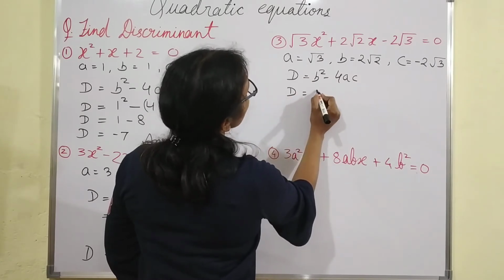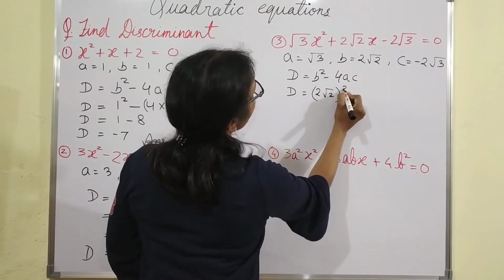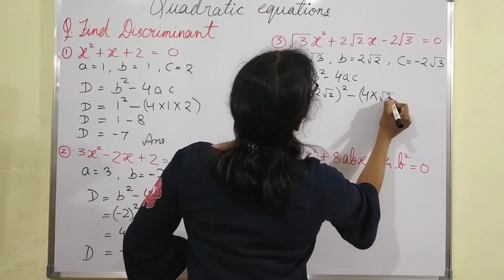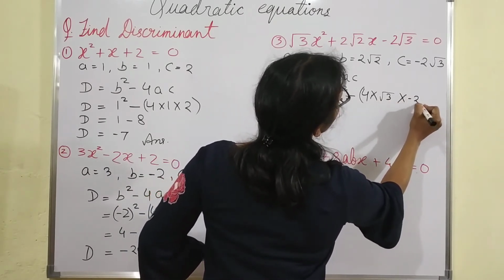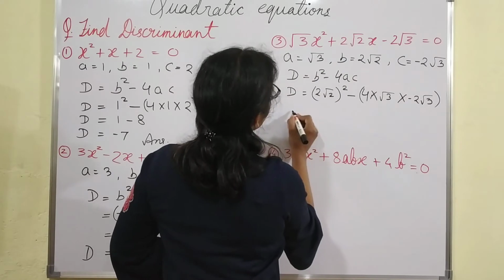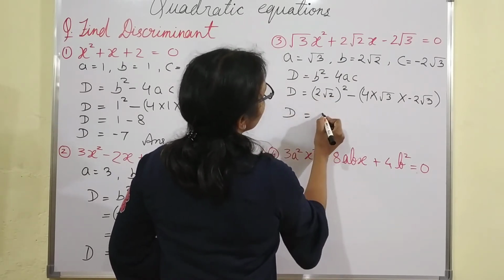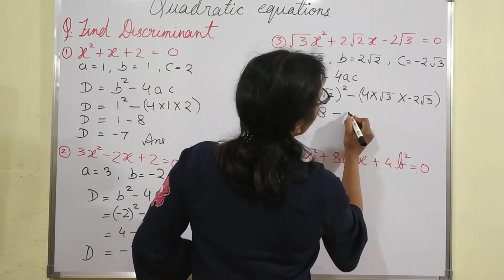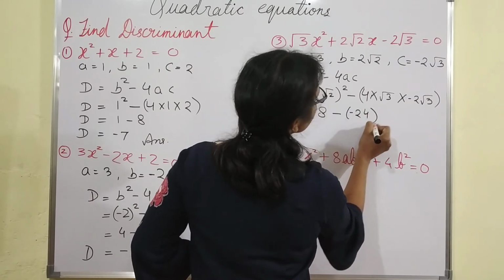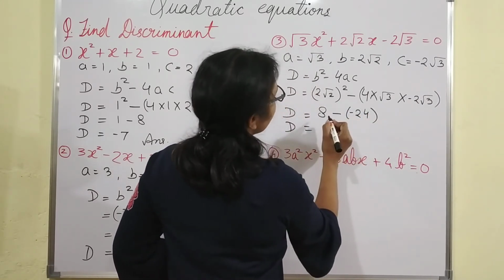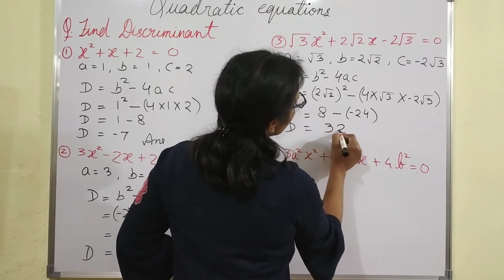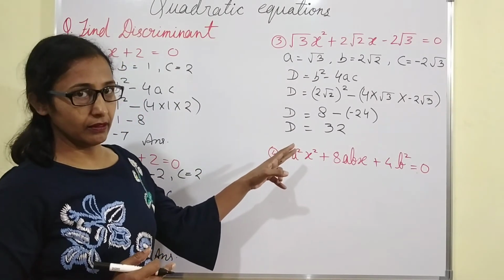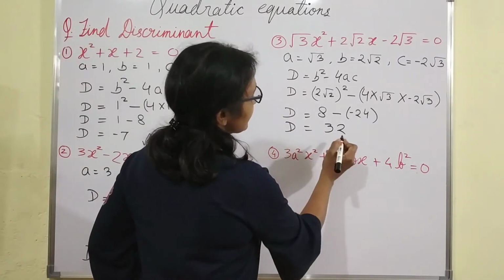So d equals 2 root 2 whole square minus 4 into root 3 into minus 2 root 3. So 8 minus 4 2s are 8, 8 3s are 24, minus 24. So d is 24 plus 8, 32. So d is 32 here. So roots are real because d is greater than 0.